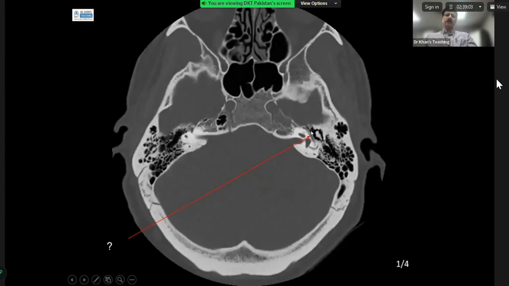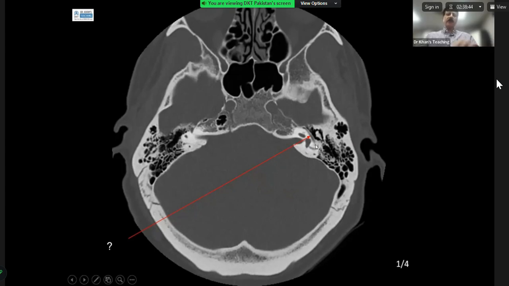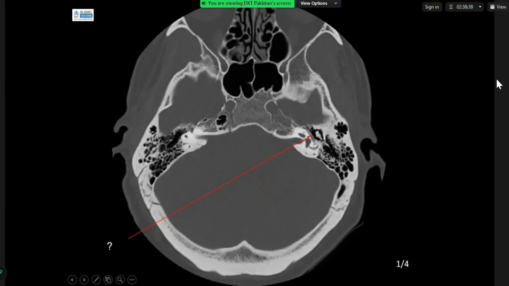Now, what is this thing? You see this? Yes, facial nerve. And which part of the facial nerve? Yes, the labyrinthine part, because it's next to the... What is the definition of the labyrinthine part? Yeah, I'm not sure.